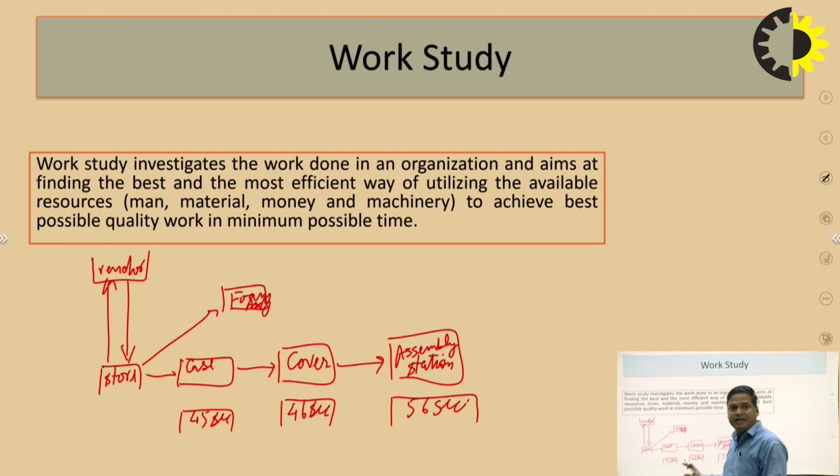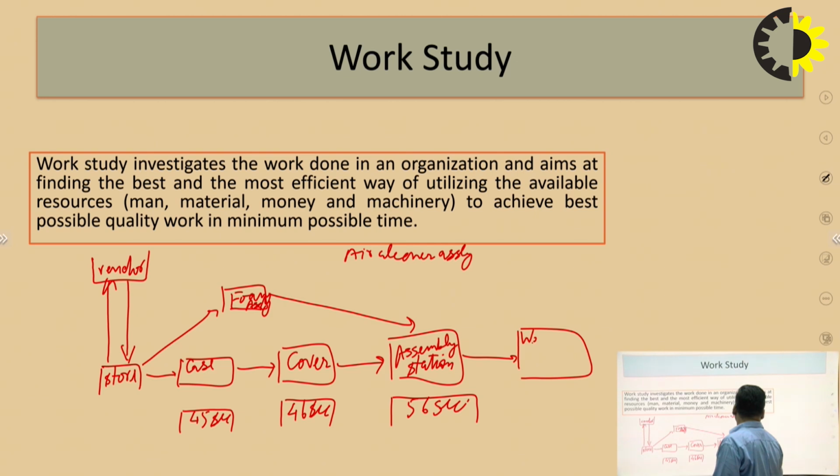So there are different cycle times. Finally the foam is sent to this assembly station. Then we have the case, cover and foam assembled, and this is converted into the air cleaner assembly. After this, the complete set is sent to the warehouse, and finally it is dispatched to the customer.